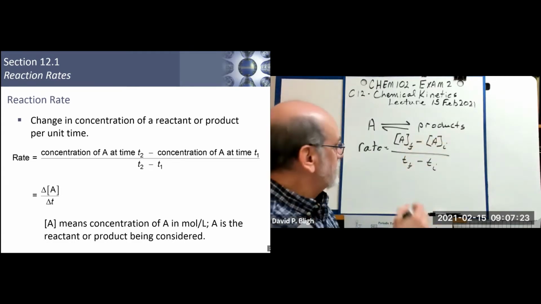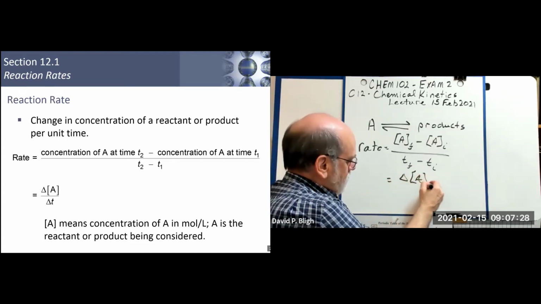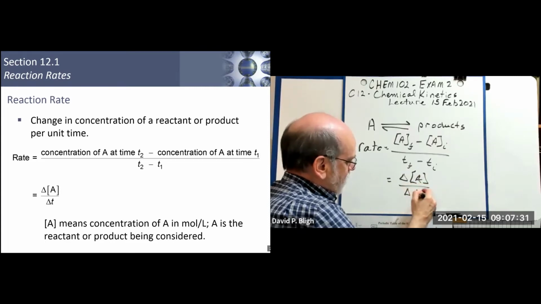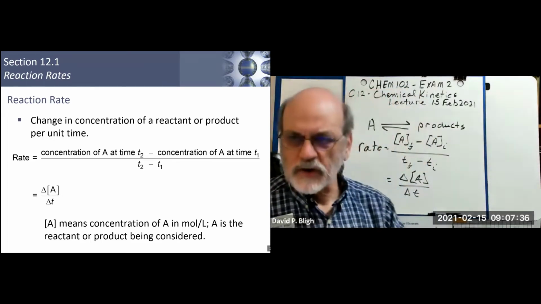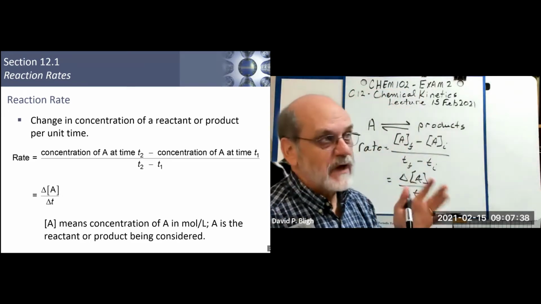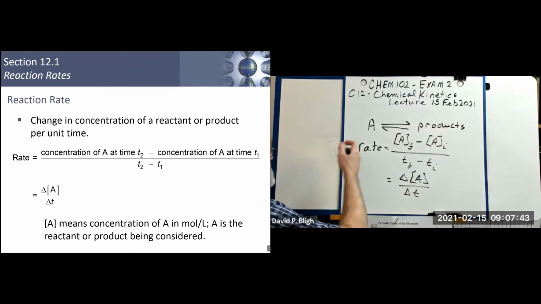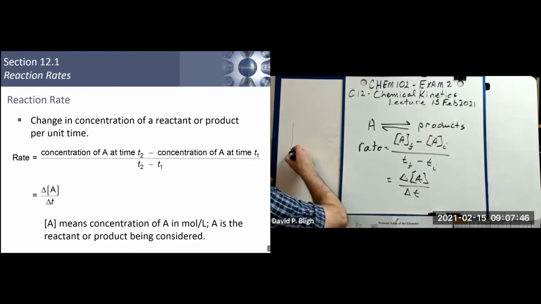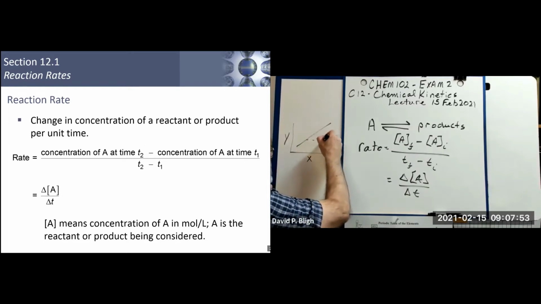And then we express that as a delta. So delta just means a change, right? So if you were to look at a plot of a straight line, maybe that straight line, the slope of that line would be the change of y over the change of x.